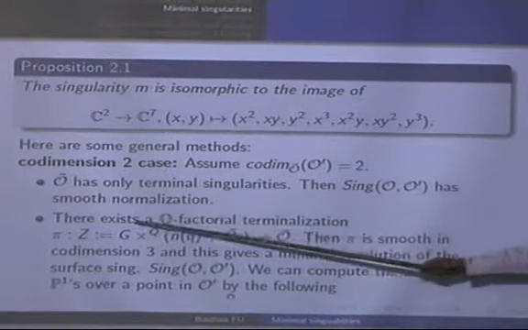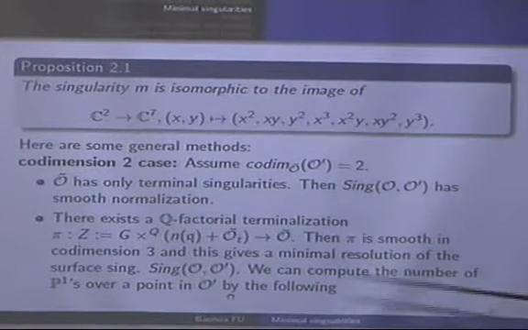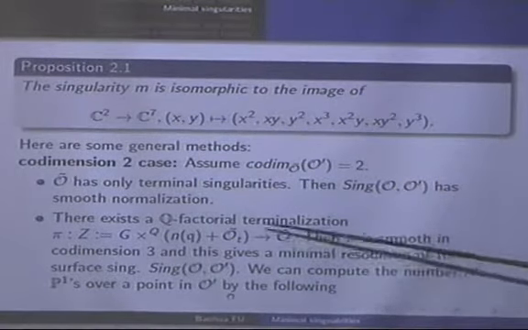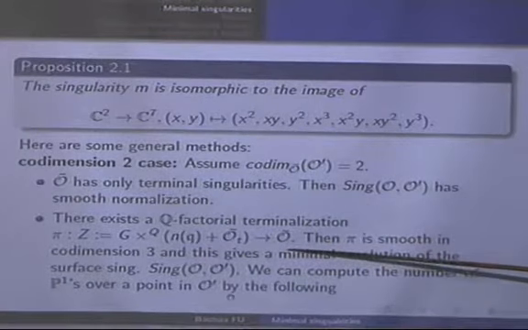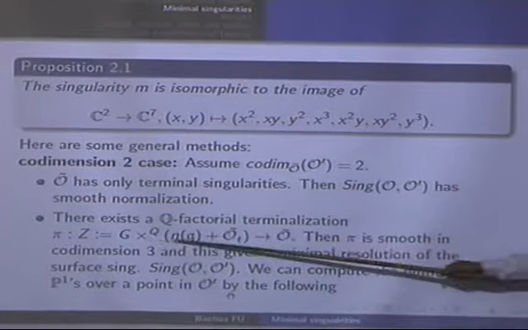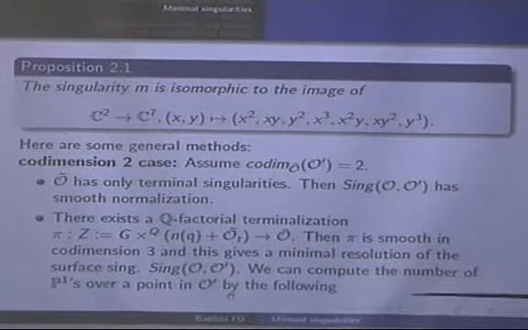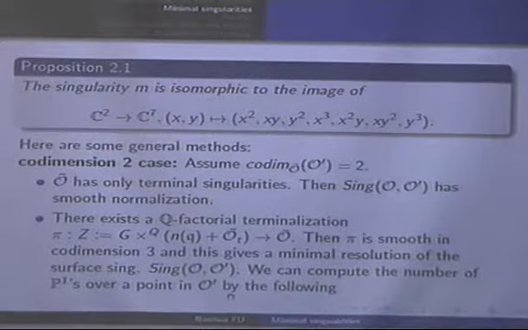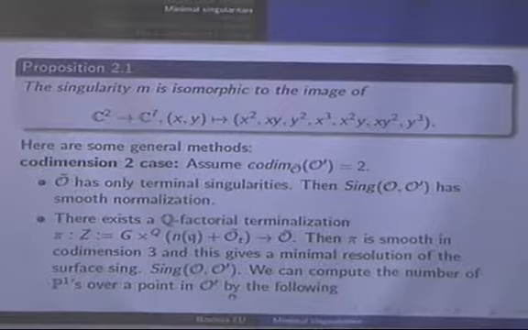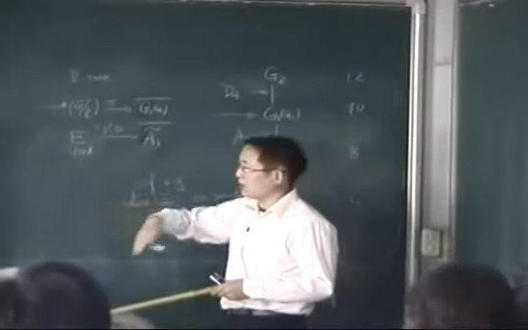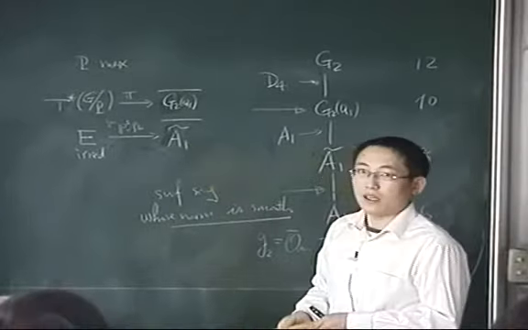Otherwise, by the theorem in the first section, we can find a Q-factorial terminalization of this form. From this, we get a minimal resolution of the surface singularities. What we need to compute is the P1s, how many P1s are contained in the fiber, and also the monodromy action of the base on the fibers.